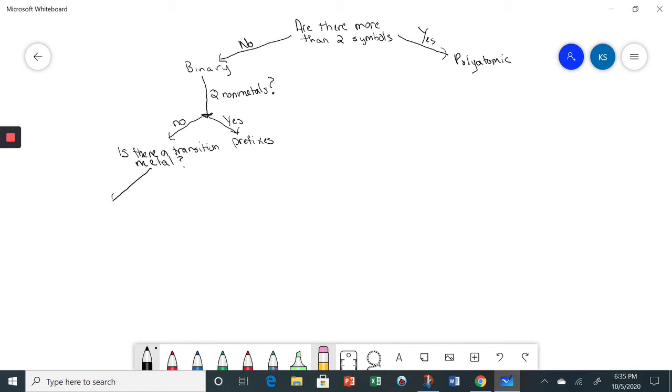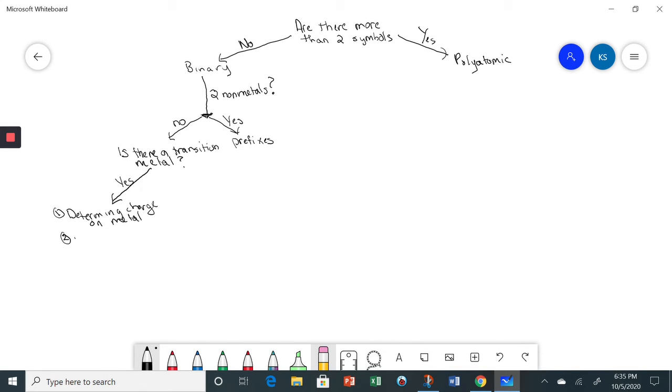If the answer is yes, you have to determine the charge in the metal. That's the first thing.